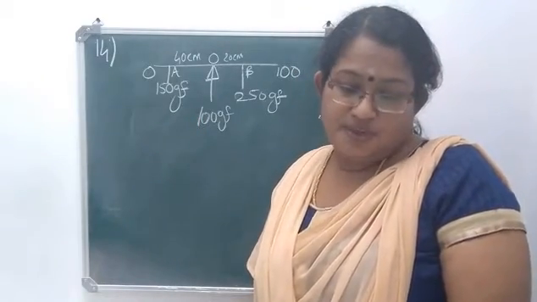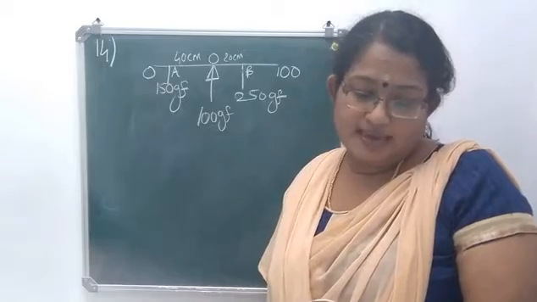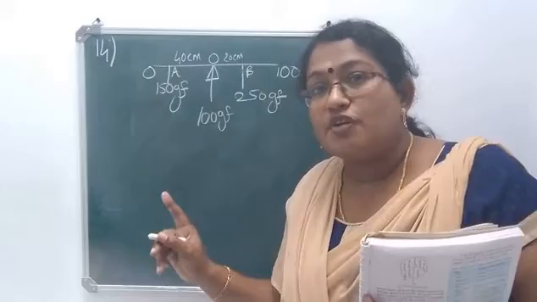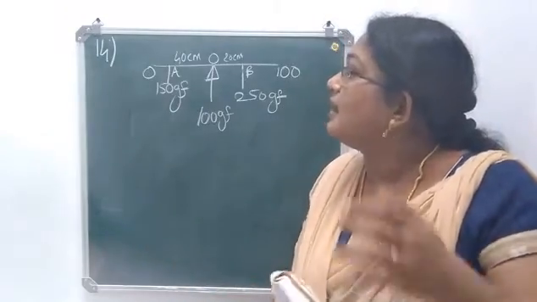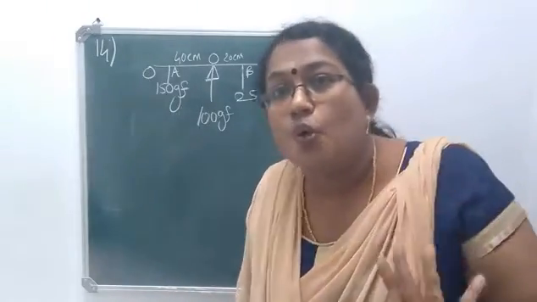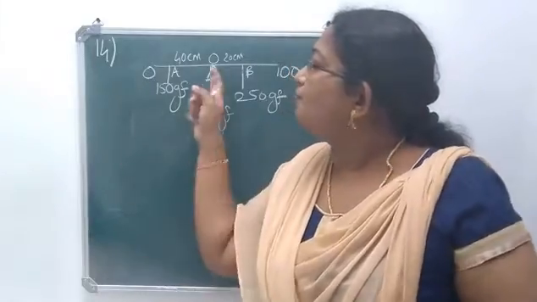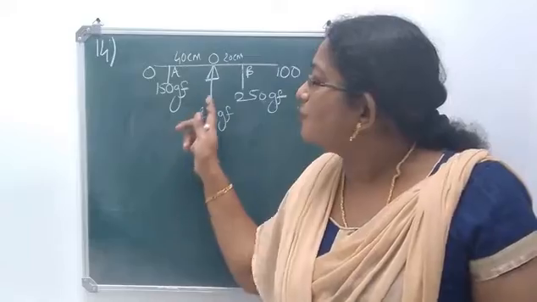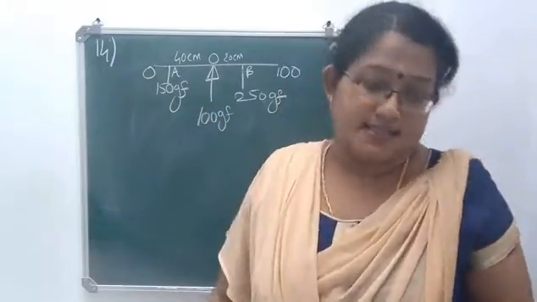So figure shows a uniform meter rule weighing 100 gram force pivoted at its center O. So it's a uniform meter rule and it is given that it is pivoted at its center O. That means at 50 centimeter mark it is pivoted and the weight of the rule also will be written at the exact center.